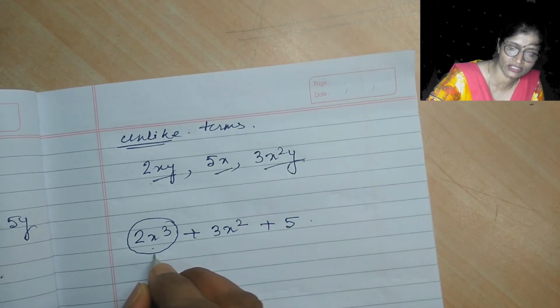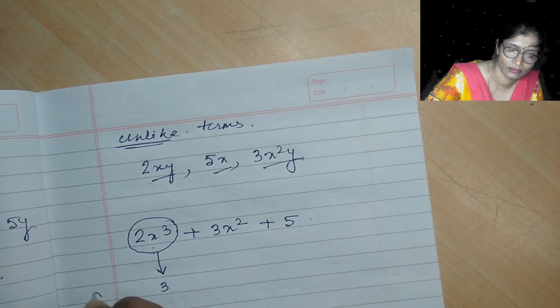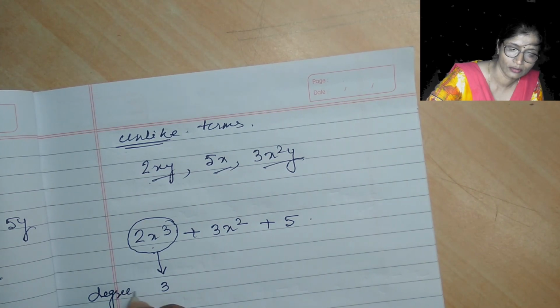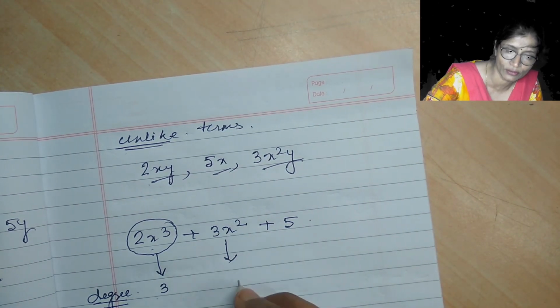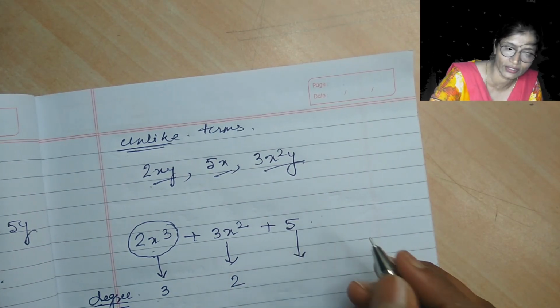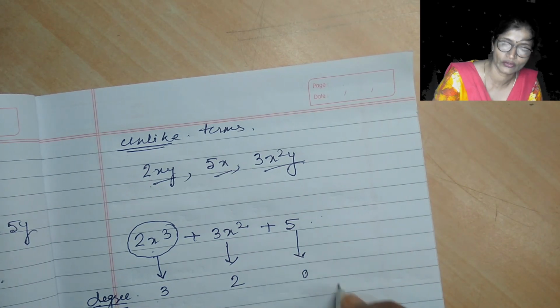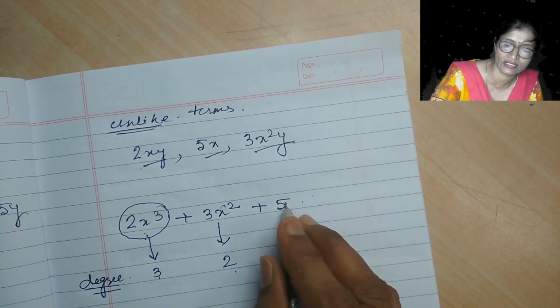The degree of the first term is 3. For the second term, since x is to the power 2, the degree is 2. And here x is not there, which means the degree is 0. So the degree of these terms is 3, 2, and 0.